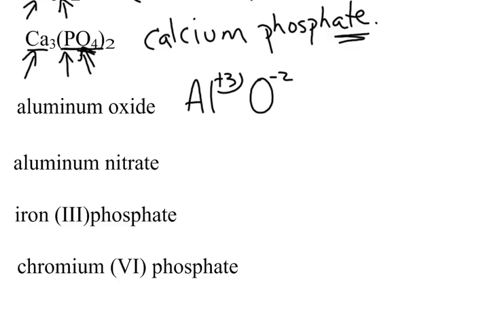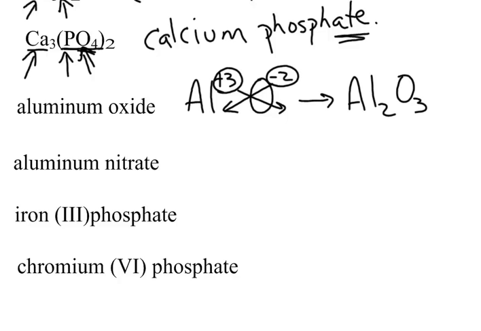And you recall that we exchange those numbers because the aluminum is going to give up 3 electrons, and each oxygen can accept 2. So when we actually do this, the way that those two would combine together is we'd have to have 2 aluminums giving up a total of 6 electrons and 3 oxygens accepting a total of 6 electrons. So that's fairly straightforward.